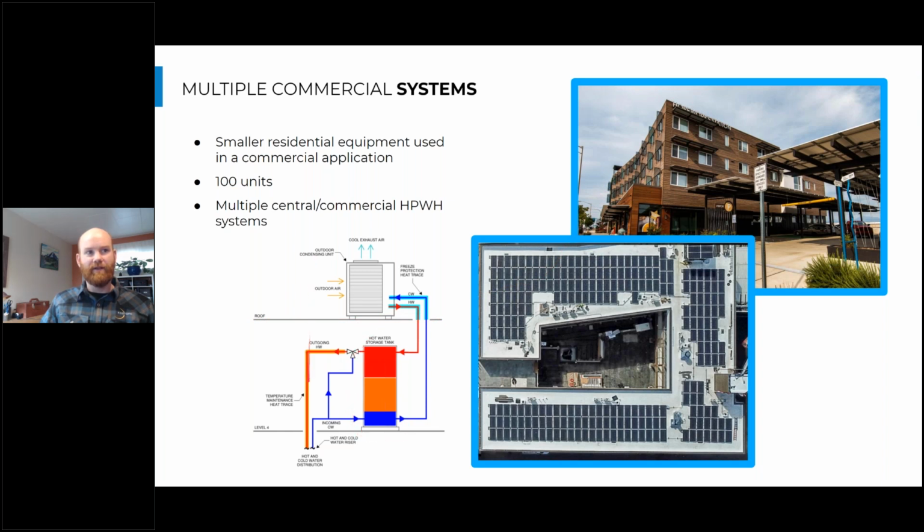And that served a group of units vertically. So if we're looking at our picture here on the top right, we would have a heat pump on top there, a storage tank on that level, and that would serve this bank of units. And then we repeat that multiple times so that we're serving the entire building, right? We can't forget about someone's hot water needs.